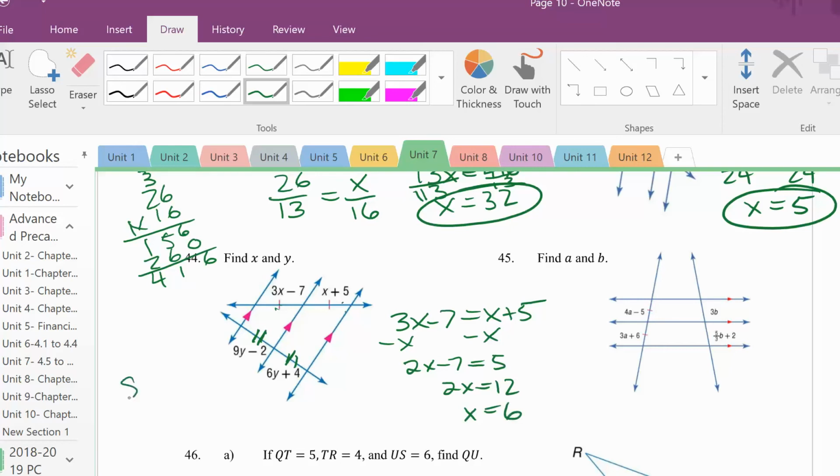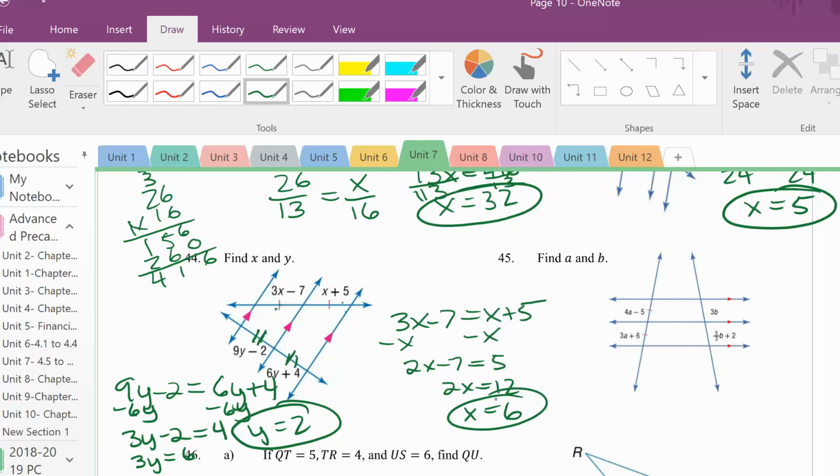And then 9y minus 2 is equal to 6y plus 4. So then you get 3y equals 6, so y is equal to 2, and x is 6.